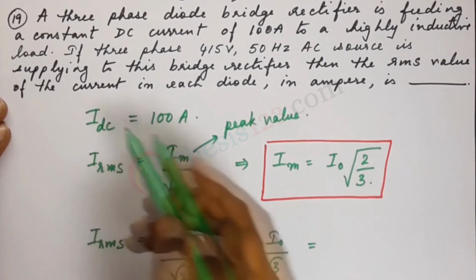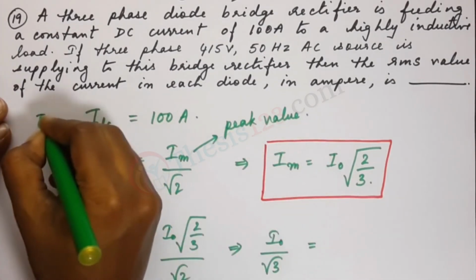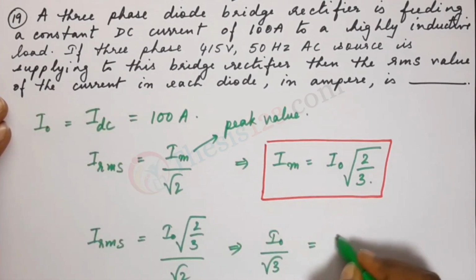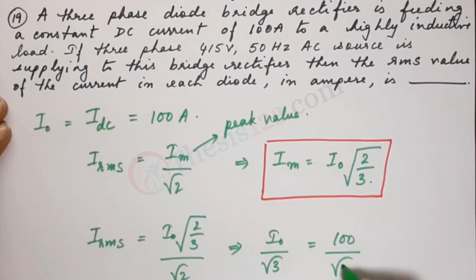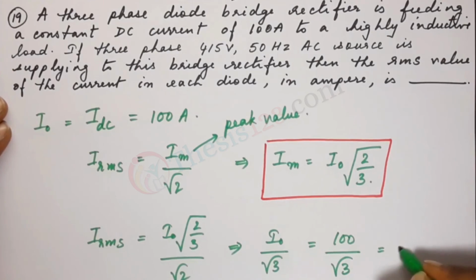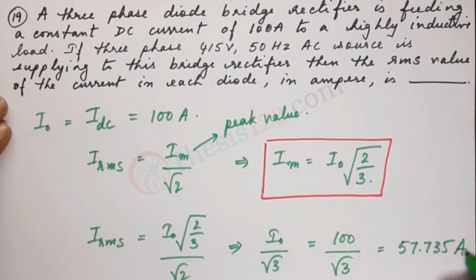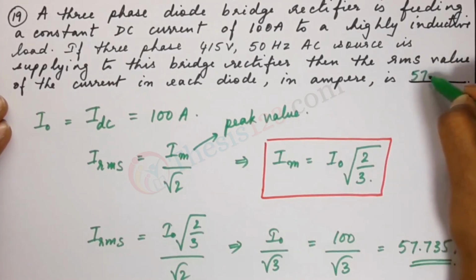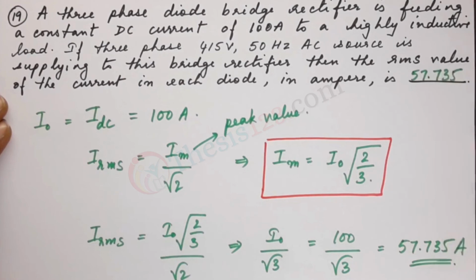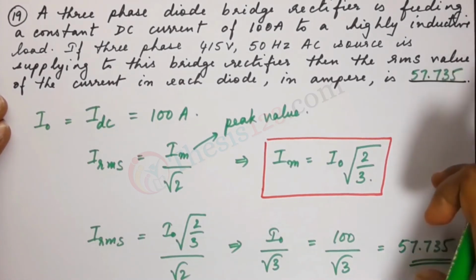And I naught is IDC, which we have found here to be 100. So 100 divided by root 3 gives us 57.735 amperes. So this is the final answer here, 57.735. I hope this has helped.